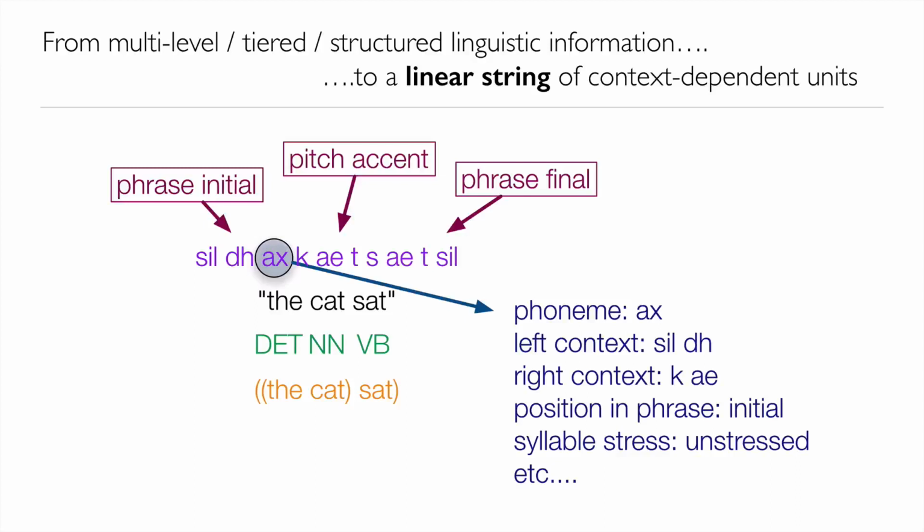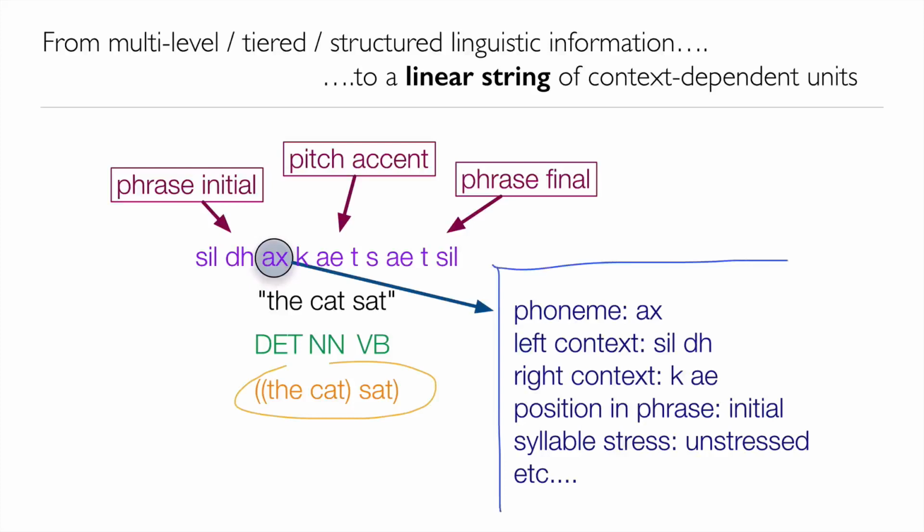So what the front end gives us is this structured linguistic representation. It has connections between the different tiers. It has structure. For example, it might have some tree shapes or some bracketing like this structure. We're going to attach all of the information to the phoneme tier.